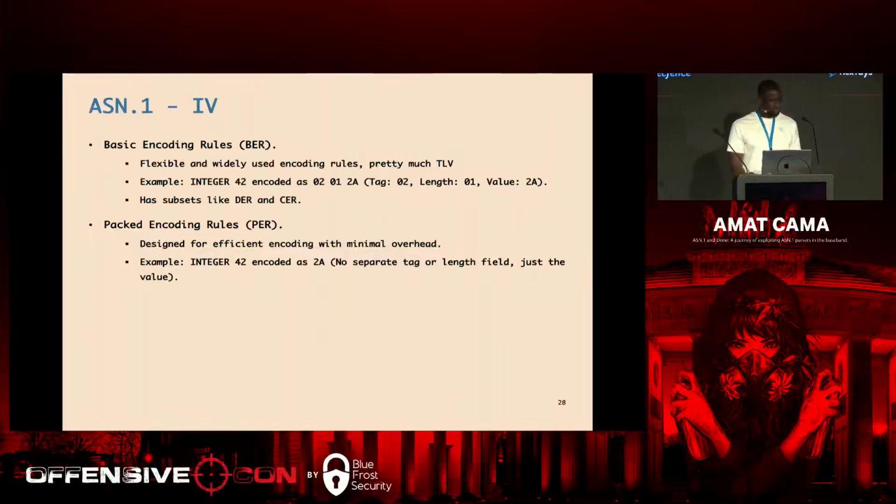These are examples of how they are encoded, and it has subsets called DER and CER. It doesn't really matter, but we also have the packed encoding rules, which are designed for efficiency and minimal overhead.